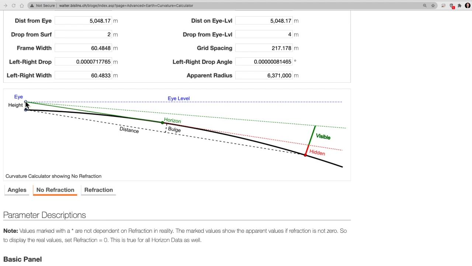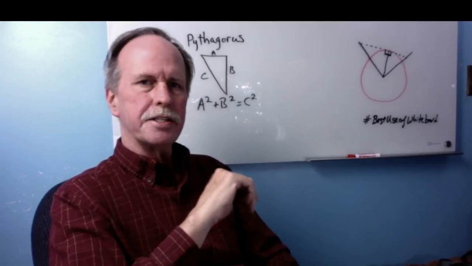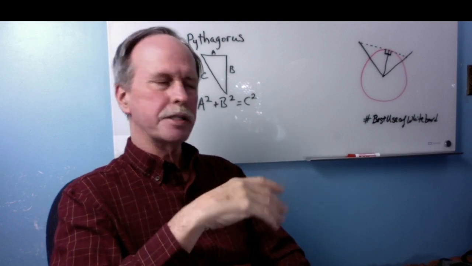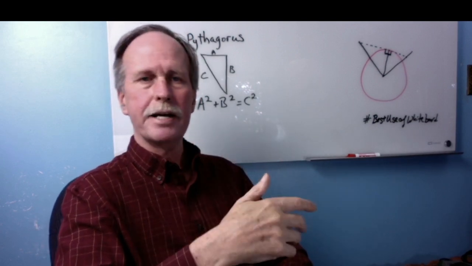You go up to a certain observation height. You look past the horizon in this straight line down to your target. And based on where this line is, part of that target will be hidden and part will be visible. Now, this is a very nice curve calculator because it can include things such as refraction.